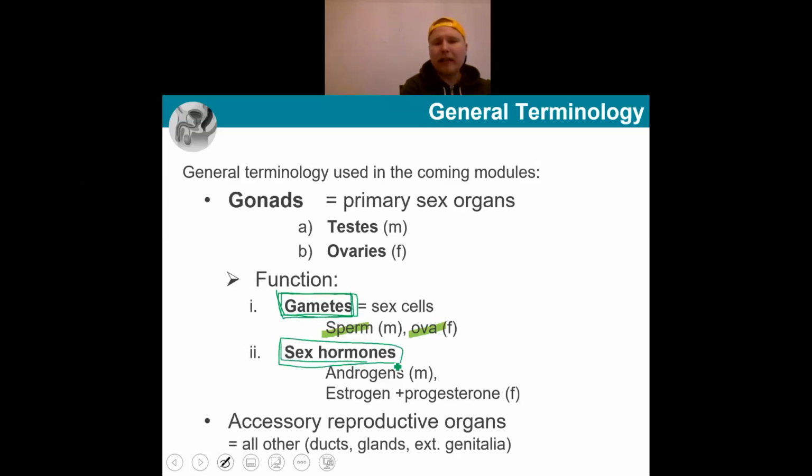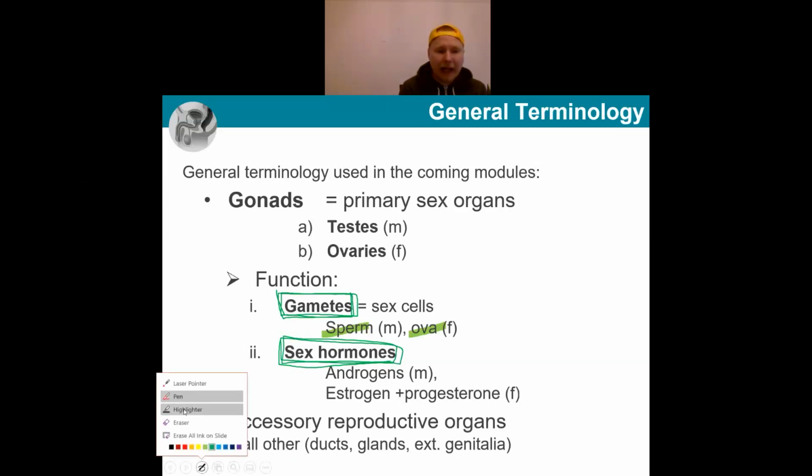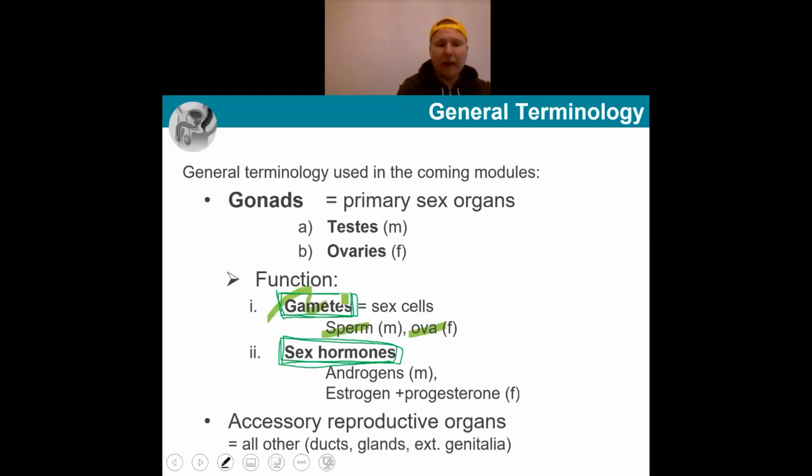And we've talked a little bit about the sex hormones when we talked about the endocrine system. And we'll definitely have a little bit more of a look at that as we cover this chapter's material. But remember that it's both the sex cell, either the sperm or egg, and in addition to that, the hormones are an important role of the gonads.